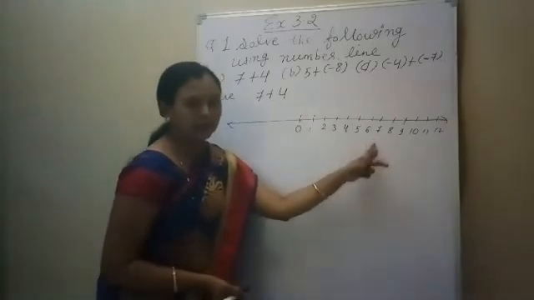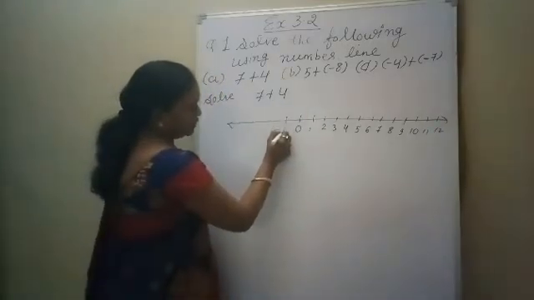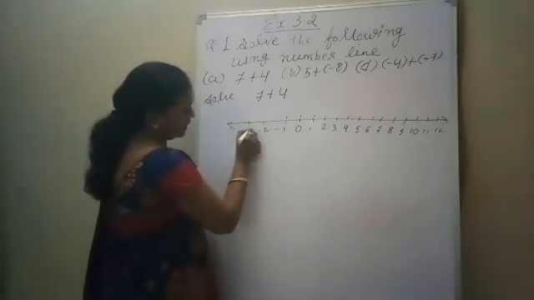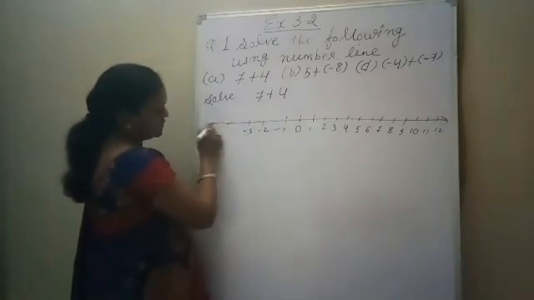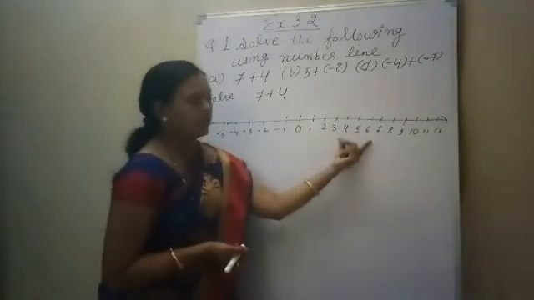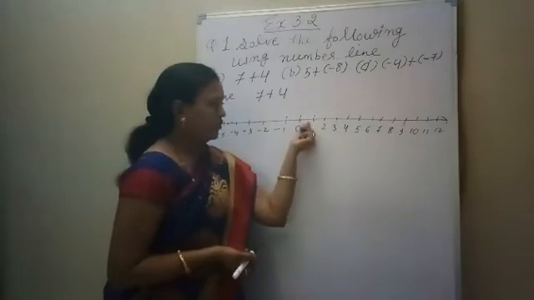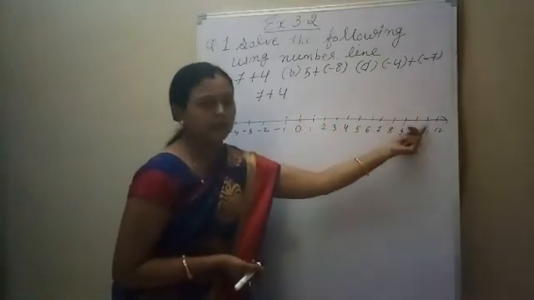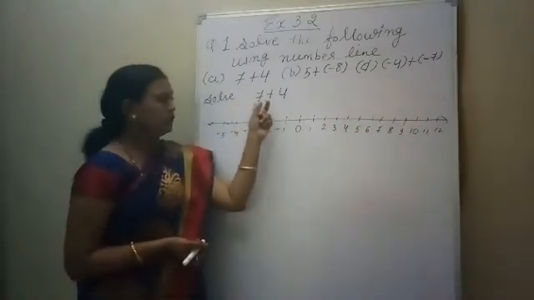We will show the negative numbers on the left. But how can we represent the numbers on the number line? At equal distances.